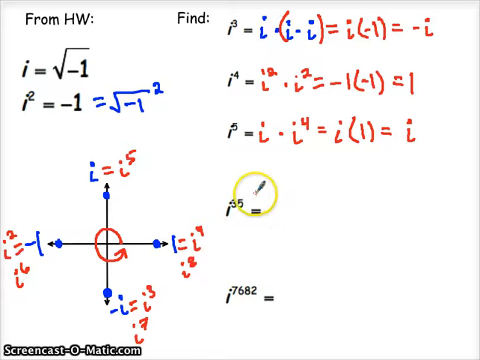Well, if you want to find something like i to the 35th, and there's a 4-step cycle, the first thing I would do is take 35 and divide it by 4, realizing that this comes out to 8.75, which means you're going to take 8 full trips around the circle, because that's 8 full cycles of 4, with an additional 3/4.